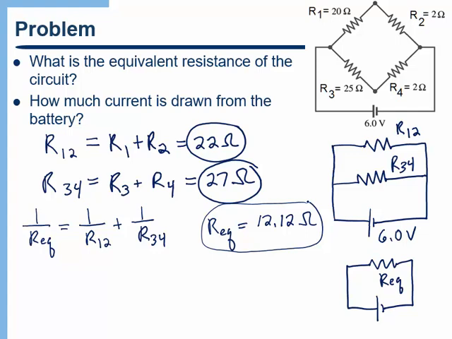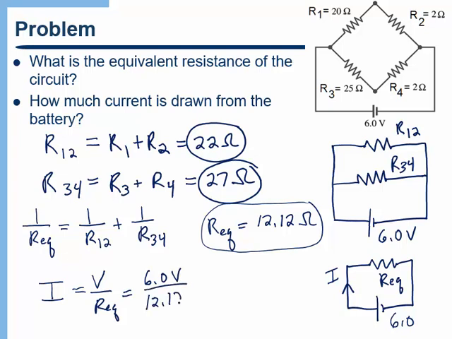Okay, once we know the value of Req, you'll notice that we can figure out the current here in the circuit. So let's go ahead and figure that out. The current is going to be V over R equivalent, and that's 6 volts divided by 12.12, and I get 0.495 amps.